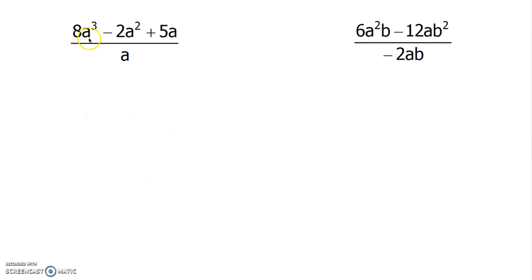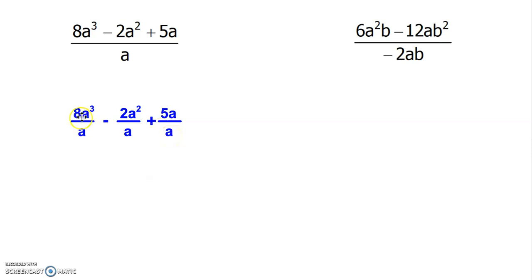Next I have 8a cubed minus 2a squared plus 5a being divided by a. That means that each of those terms are being divided by a. So 8a cubed over a minus 2a squared over a plus 5a over a.